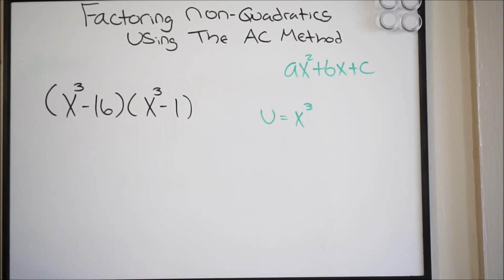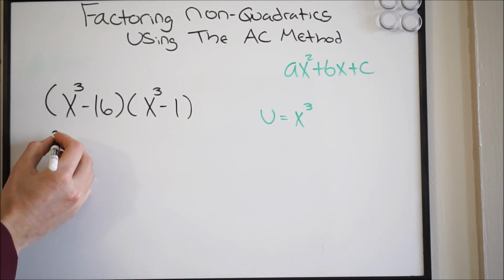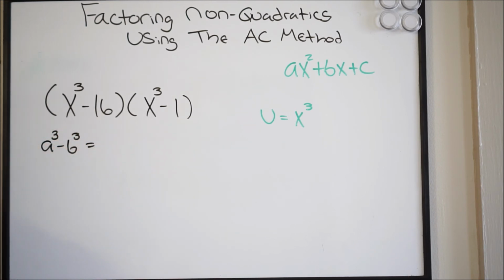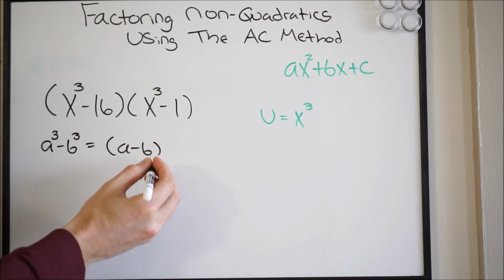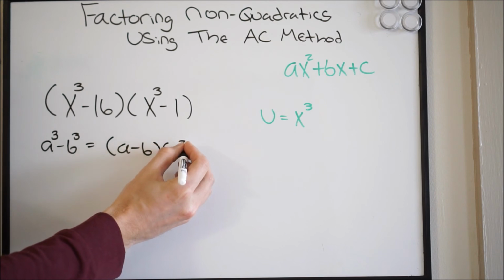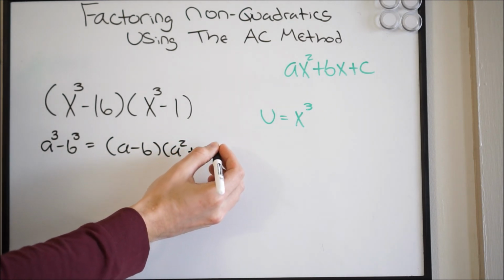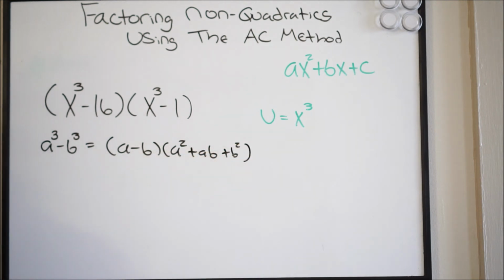The formula is a cubed minus b cubed equals a minus b, times a squared plus ab plus b squared.